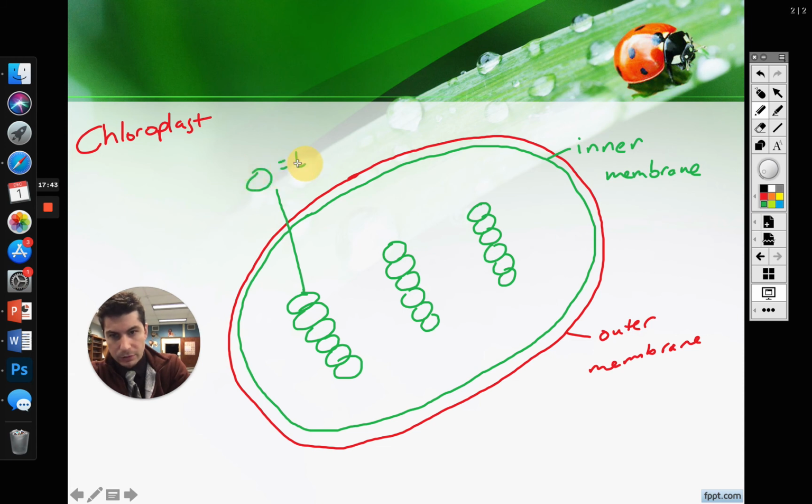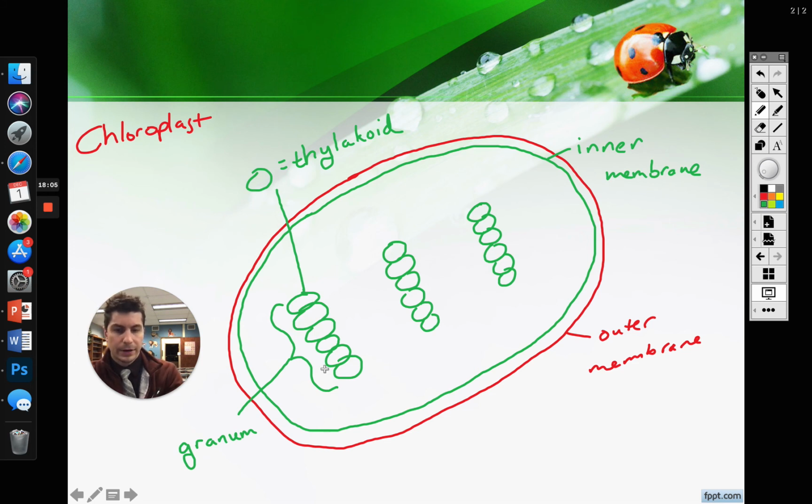One of those circles is called a thylakoid. All right? A whole stack of thylakoids is called a granum. If we want to go plural with it, it's G-R-A-N-A, grana.